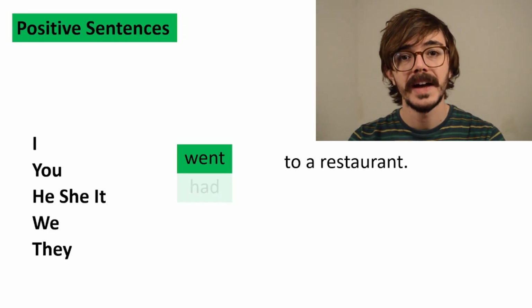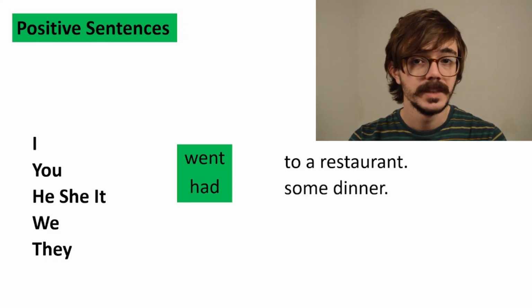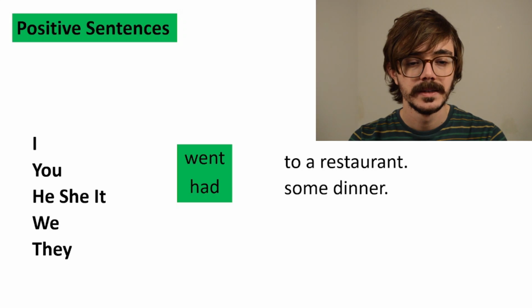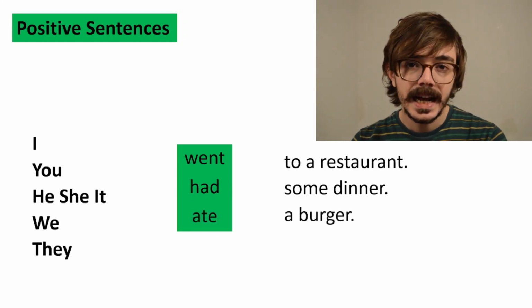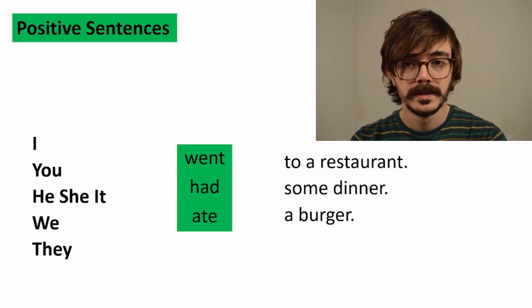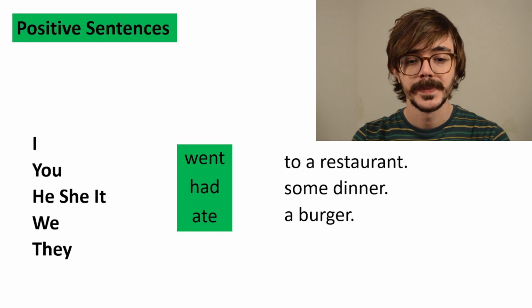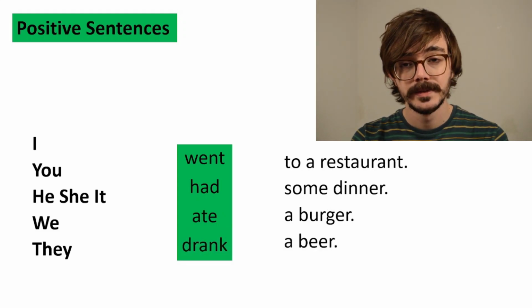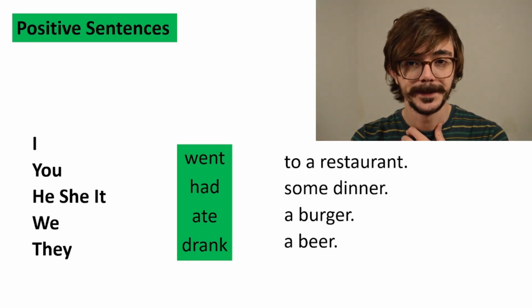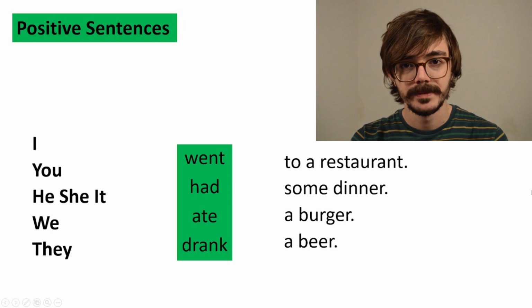The past simple of have is had. I had some dinner. You had some dinner. The past tense of eat is ate. He ate a burger. They ate burgers. She drank a beer. I drank a beer. So again, all of these are the same for every pronoun.